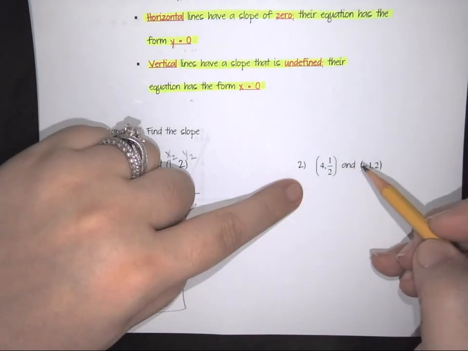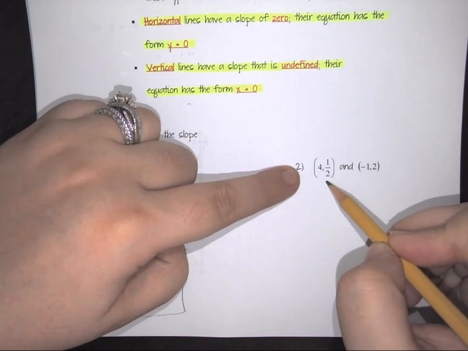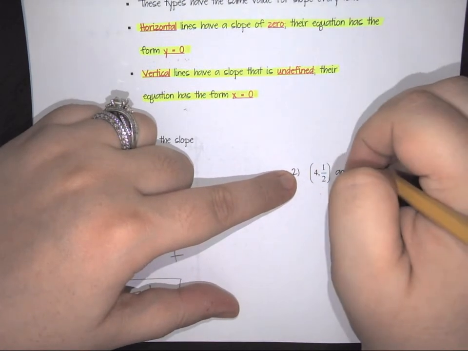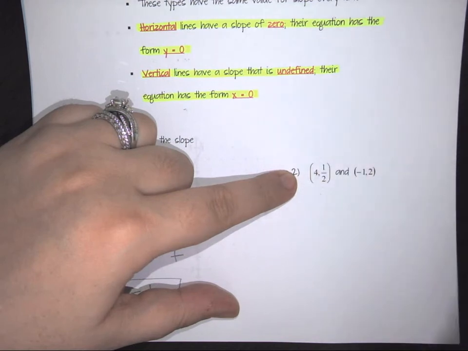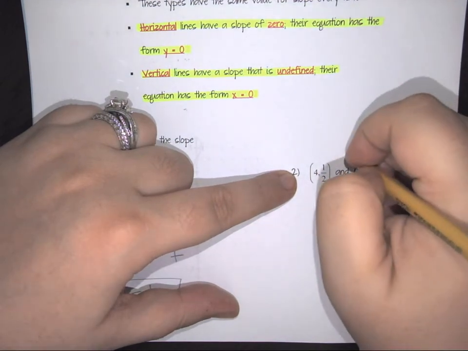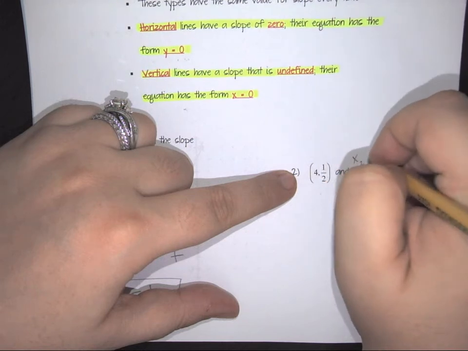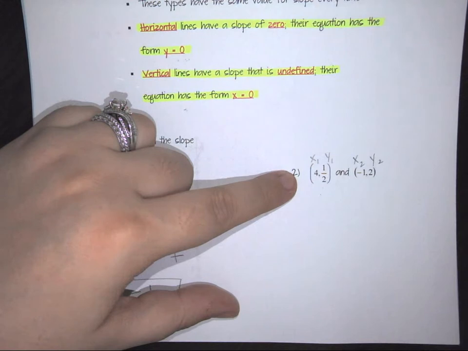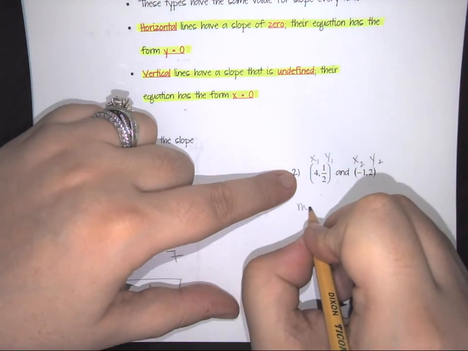Now we want to do the same thing, but notice here I have a fraction. So you got to be very careful with that fraction. So again, that fraction, at least for me, I would override a negative. So I would make this x2 y2, which makes this x1 y1. So again, we're going to set up our slope.